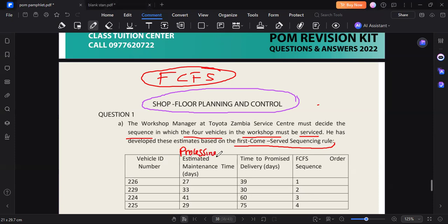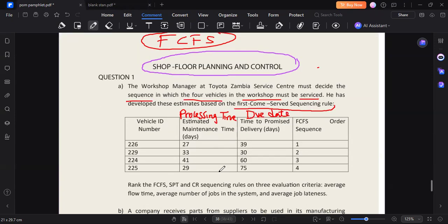The first vehicle that came for a service was plate number 226, then 229, then 224 and 225. Rank the first come, first served, shortest processing time, and critical ratio sequencing rules on the three criteria: the average flow time, average number of jobs in the system, and average job lateness.